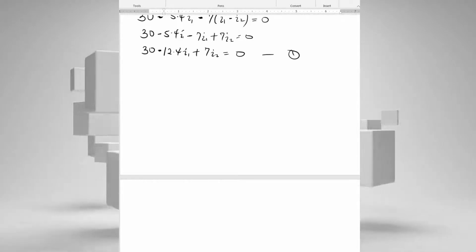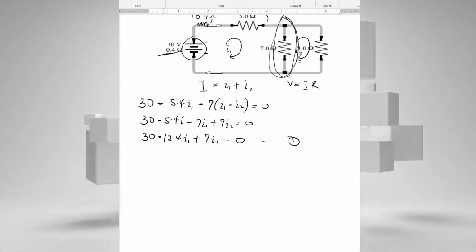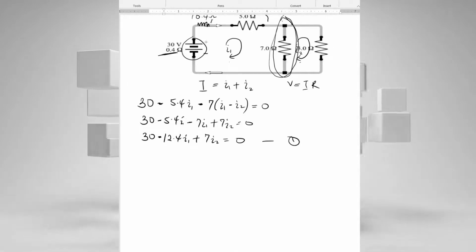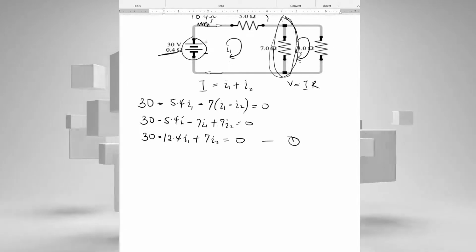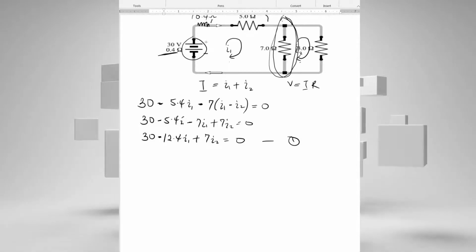Let's call this equation 1. Then for equation 2, we look at the second loop. Like we said before, the 7 ohm resistor cuts across the two loops.